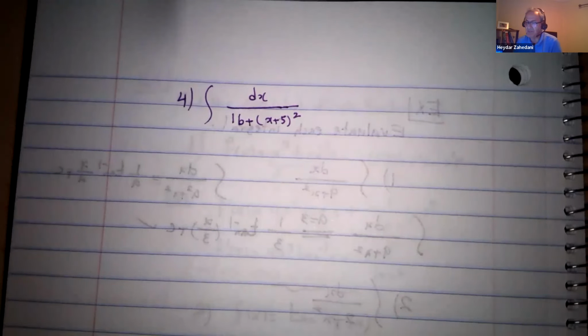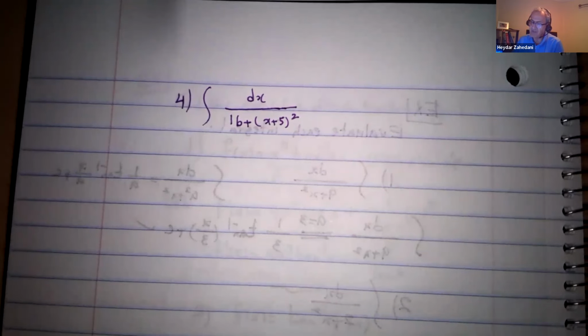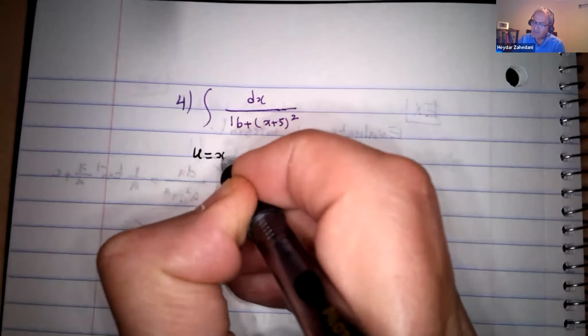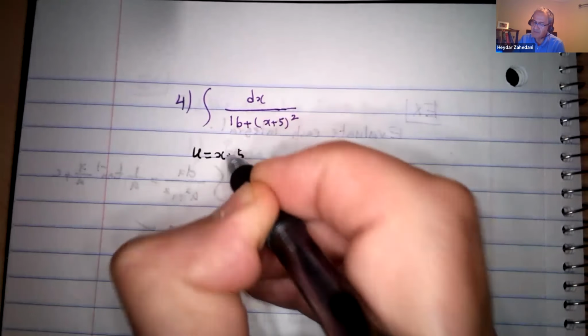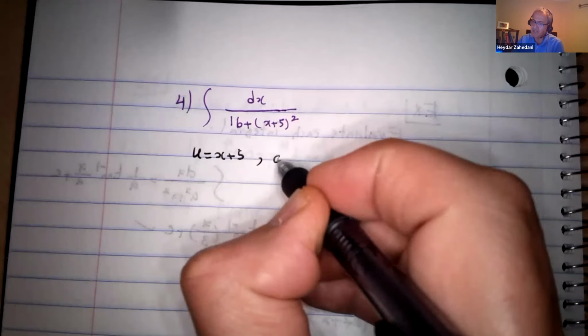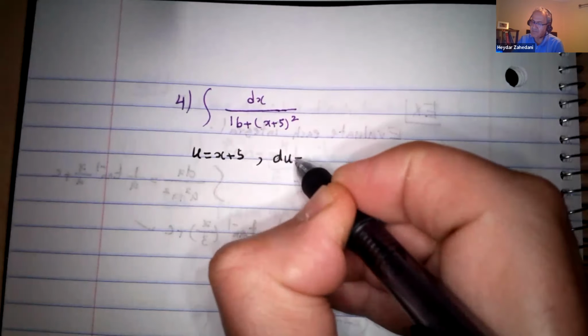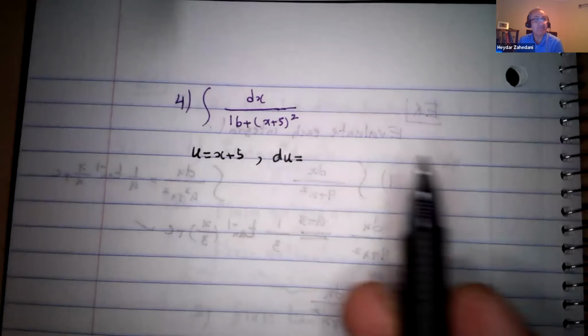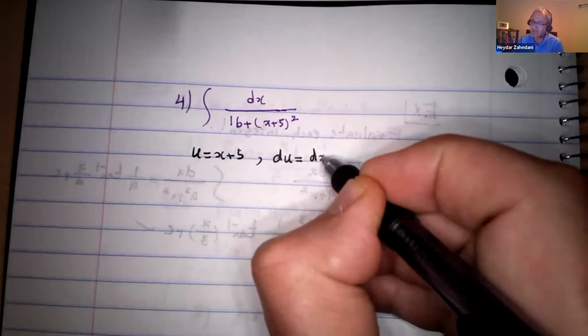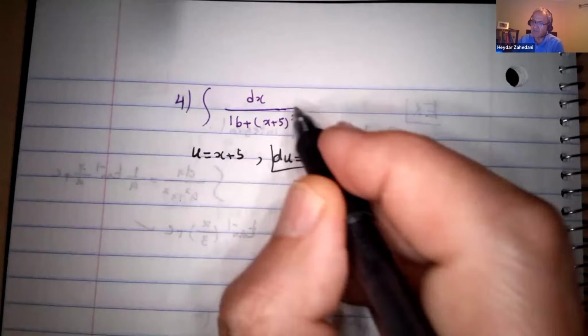So that would be the tangent inverse type. So for this one, what we can do is take u to be x plus 5. Substitution method. You have to find the du. The derivative of x plus 5 is just 1, so we get the dx. Go back and substitute.